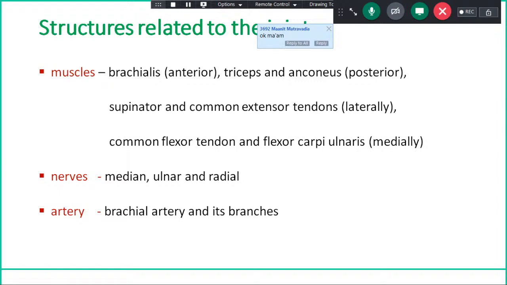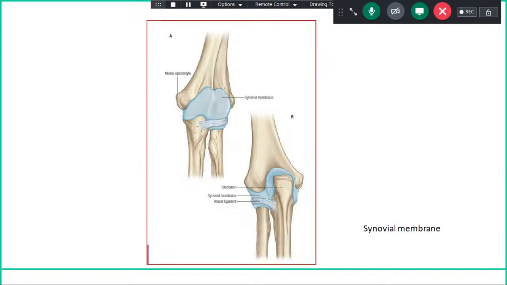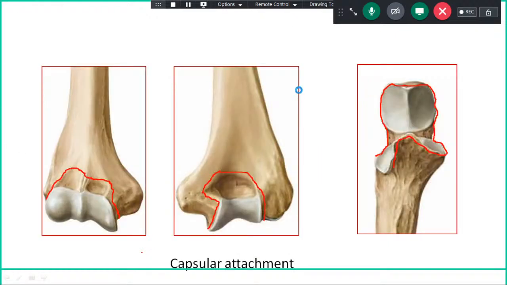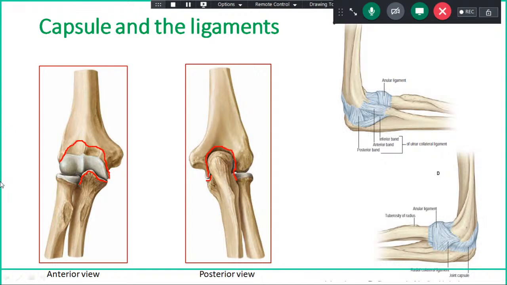Okay. So now since you have done the muscles and the nerves and the vessels of the arm and the forearm, you should yourself be able to tell what are the structures that are related to the joint. For example, muscles. If I show you just the pictures, just look into this picture. Now tell me from this picture, what would be the muscles related anteriorly to this joint?